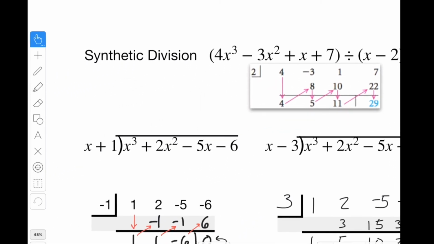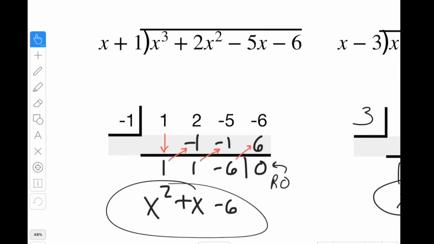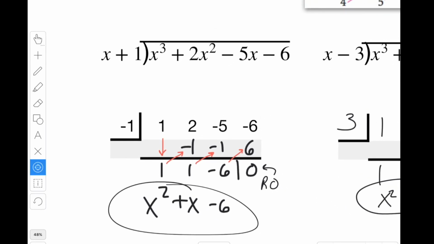So here, let me show you what I've done. We've translated this polynomial division problem into synthetic division. The coefficients are 1, 2, -5, and -6. The zero, not the plus, it's not -1 right here. The zero is -1, so we put that here.